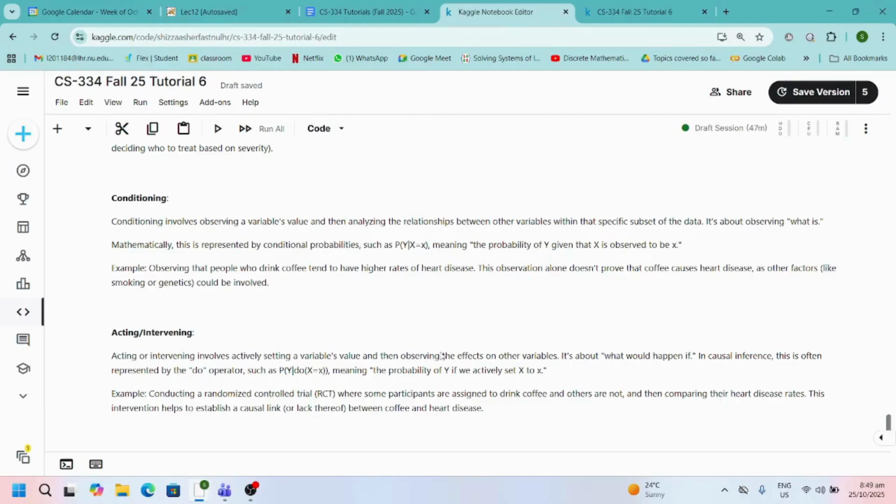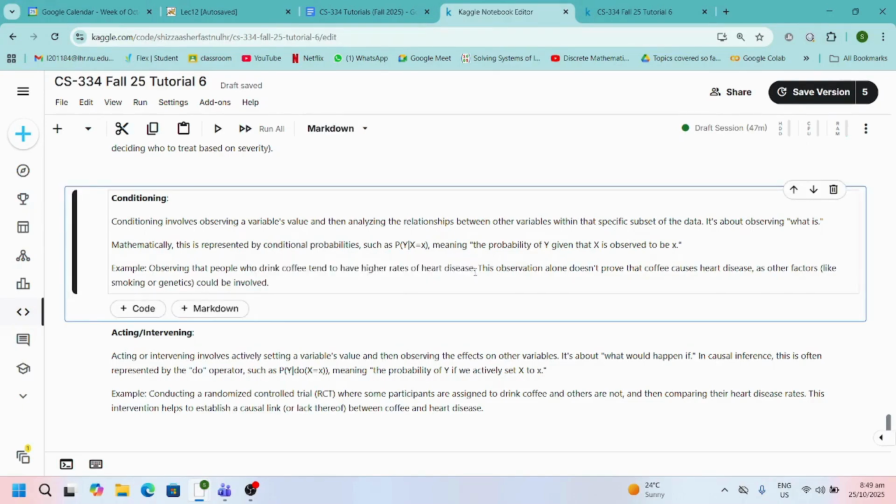In conditioning, you are just observing the data. An example is observing that people who drink coffee tend to have higher rates of heart disease. This observation alone doesn't prove that coffee is what's causing heart disease because there could be other factors involved. Let me break it down a little further. This doesn't tell you that people who drink coffee tend to have heart disease. This tells you that among people who have heart disease, a lot of them are coffee drinkers.